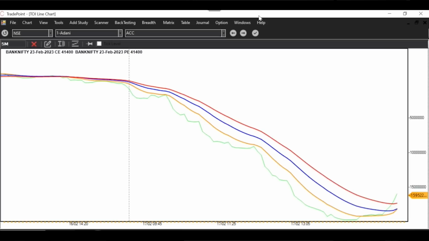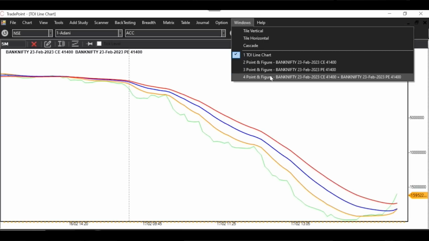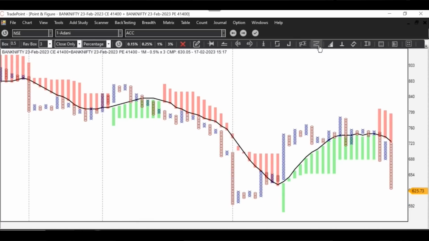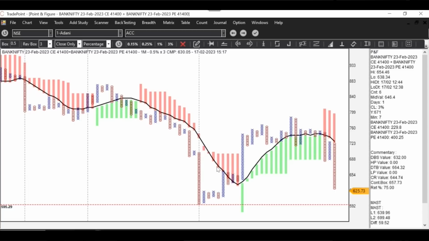And when I saw the straddle chart at 9:30, I'll just zoom in and plot this line here. If we come to this line, we can see that the low of this started at 9:15.